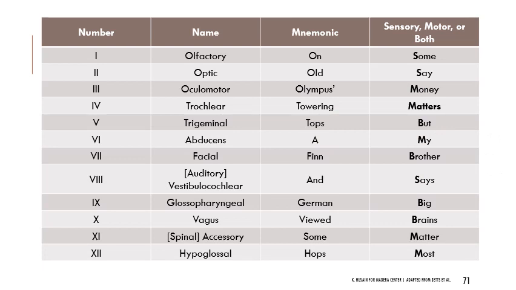There's the olfactory, optic, oculomotor, trochlear, trigeminal, abducens, facial, auditory or vestibulocochlear, glossopharyngeal, vagus, spinal accessory, and hypoglossal nerves. For some classes, these are important for you to memorize, so I just wanted to reiterate them.